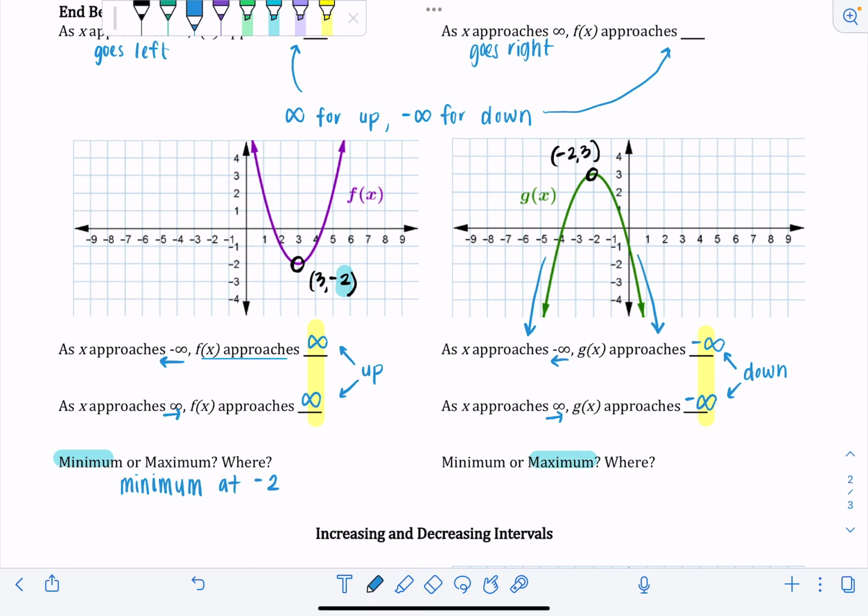So we would say there's a maximum. You could just say max if you want. And over here, you could just say min to shorten it. But max at whatever the height of that point is. So the height is always the y value. So we would say there's a max at 3 because that's the highest possible value on that graph. You'll see there's no random points that are anywhere above it.